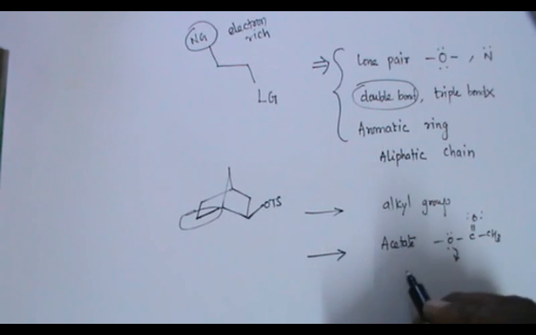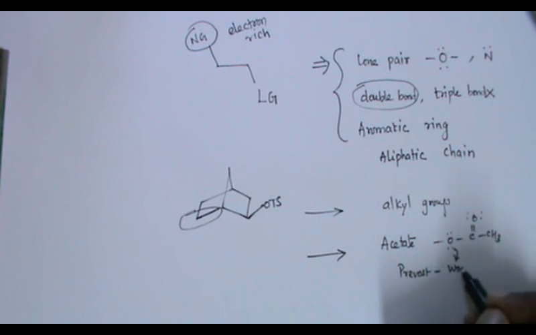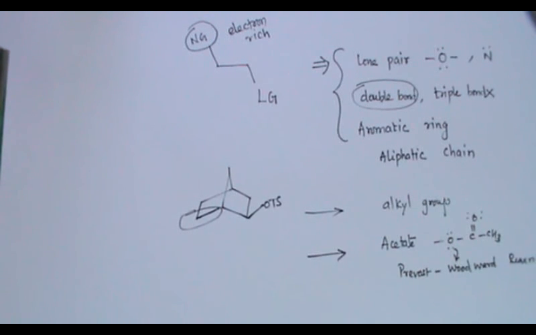This we have already seen in the Prevost-Woodward reaction. Refer to this, in that this lone pair of electrons will be involved in neighboring group participation. Because of that we get cis and trans diol. Very often one question is asked from this. If we go through some problems, then you can understand this better.